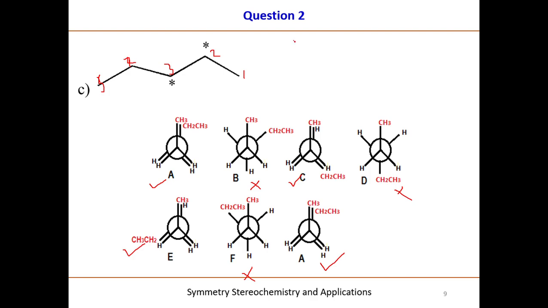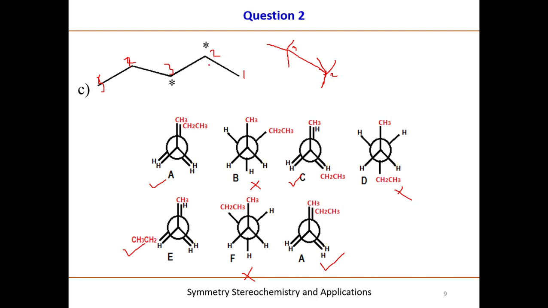You have to draw it first this way, so it becomes easy to understand. Now this is carbon 2, this is carbon 3.